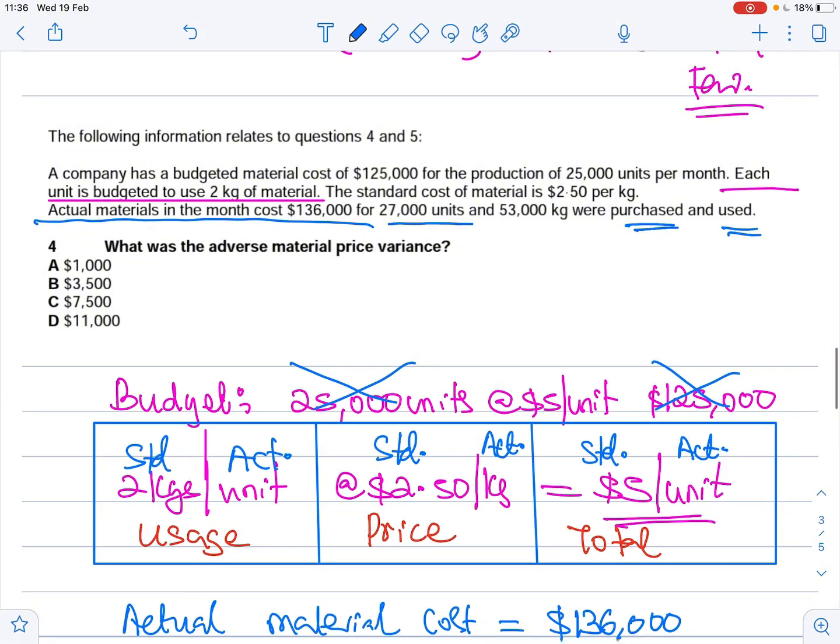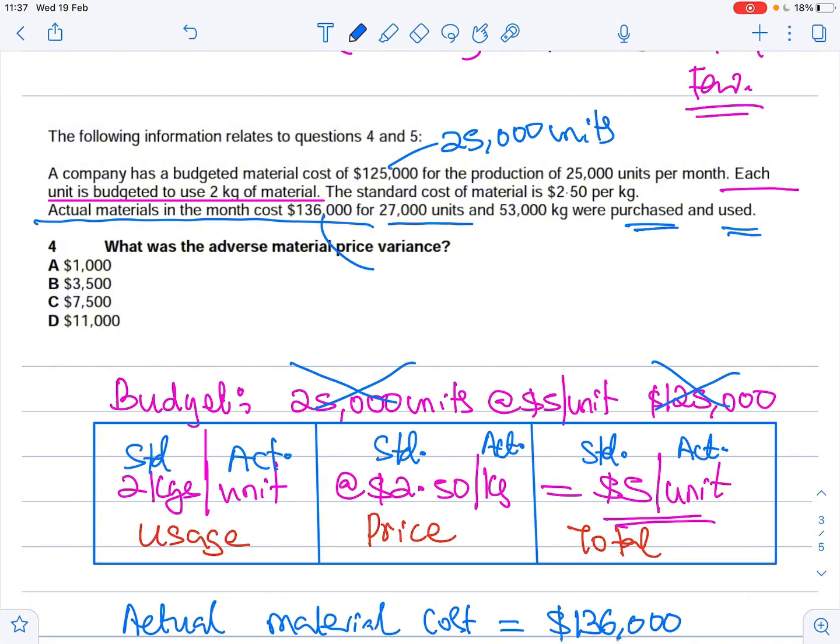The reason is simple. In your $125,000, you plan to produce 25,000 units, whereas you actually spent $136,000. How many units do you have in this?